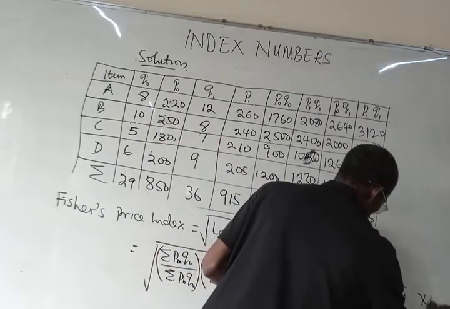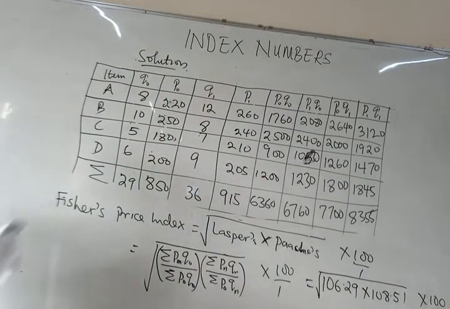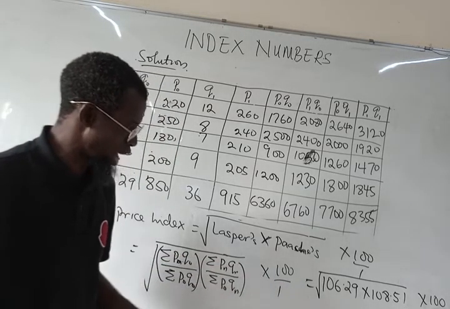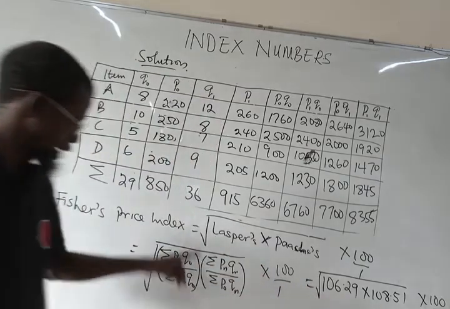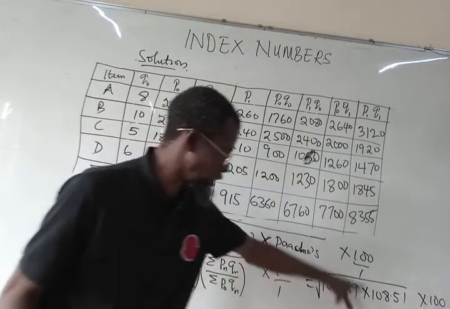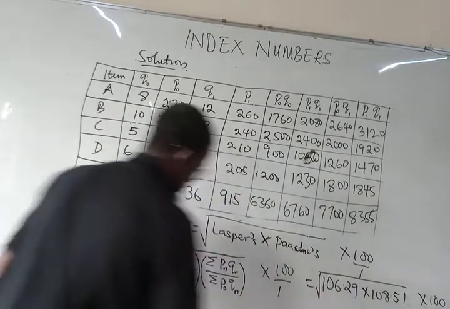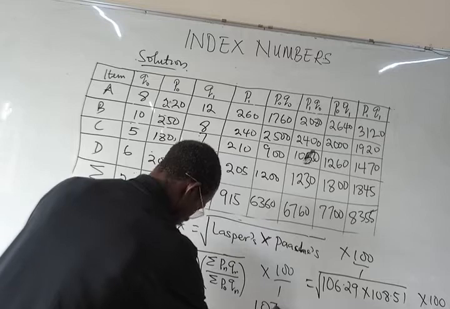Don't allow the square root to cover the 100%. You have the square root of the multiplication of Laspeyres and Paasche, then multiply it by 100 over 1. By the time you do this and find the square root, it will give you 107.89%.